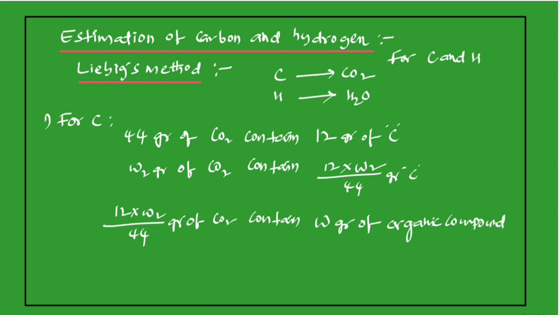Have a look once again. 44 grams of CO2 contain 12 grams of carbon. W2 grams of CO2 contain 12 into W2 upon 44 grams of carbon. The next is 12 into W2 upon 44 grams of carbon in W gram of organic compound.